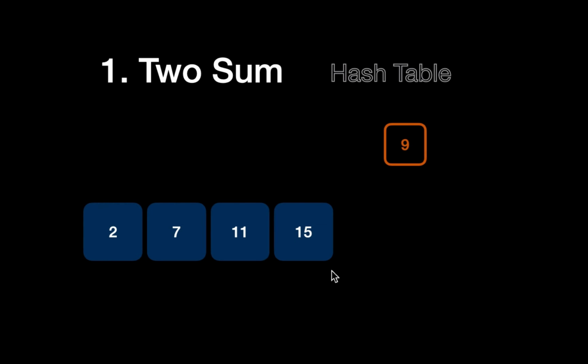The better solution to this will be using a hash table. In the hash table algorithm, we only need to iterate one time, and we will store each element in the hash table for later reference. Let me show you this. For example, the first element, we will store in the hash table, with its index as the value of the dictionary.